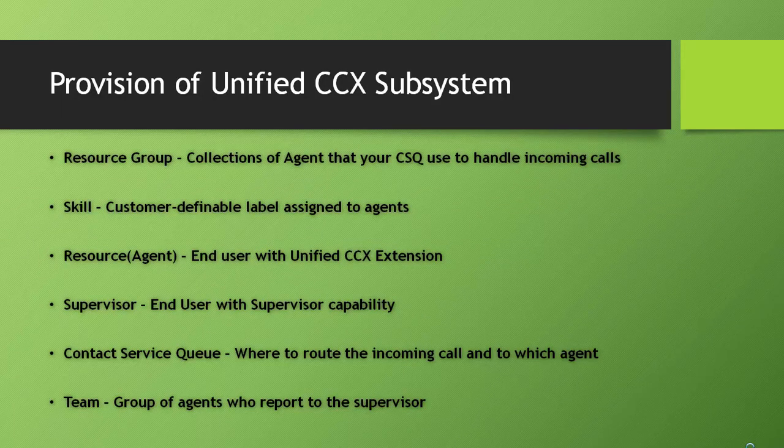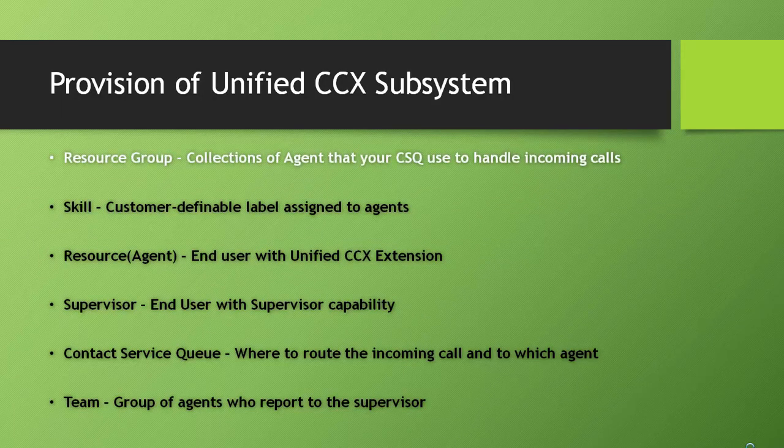So the first one is the resource group. A resource group is basically a name or a label which we would be creating under the RmCm subsystem menu. Once we create this resource group, it would be applied to the resources or the agents so that we basically group the agents.